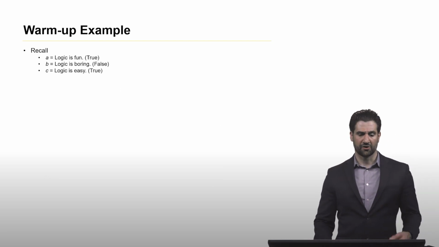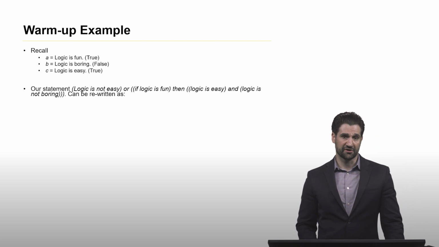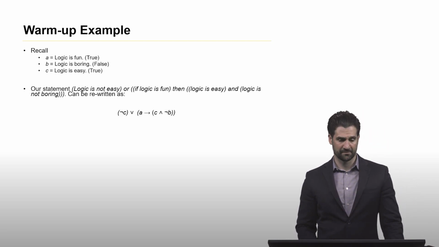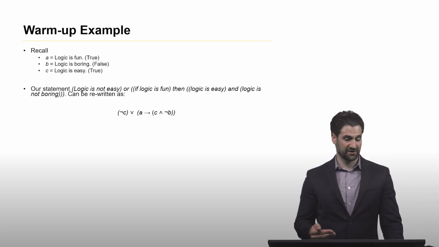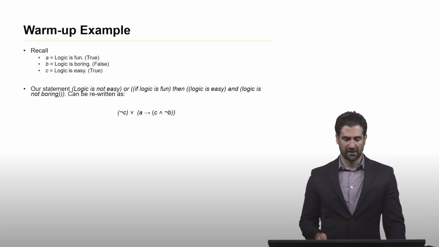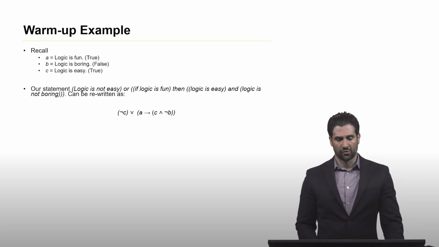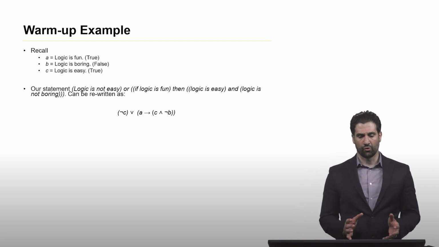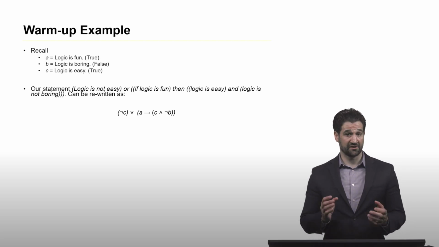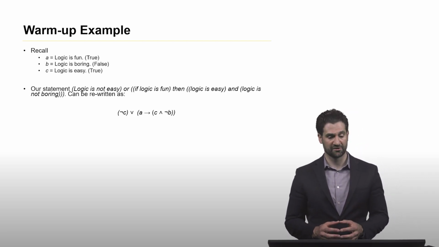Okay, so recall, here are the definitions of A, B, and C. Here is our statement rewritten with parentheses. And here is the same statement, but now we use the variable symbols A, B, and C. We can look at what is in the parentheses and evaluate what has the fewest operations first.